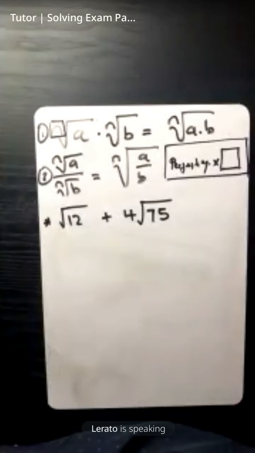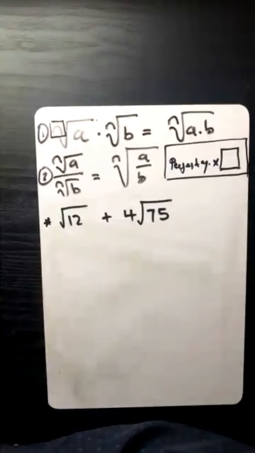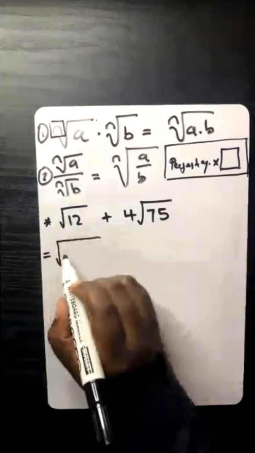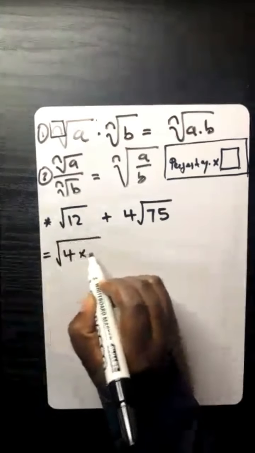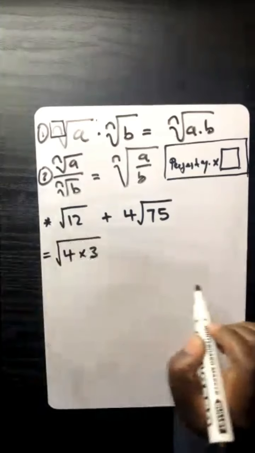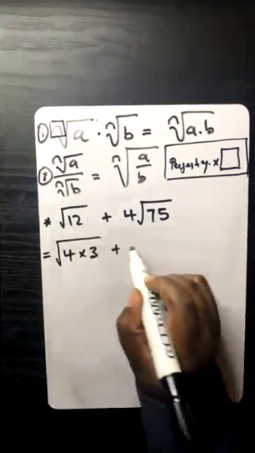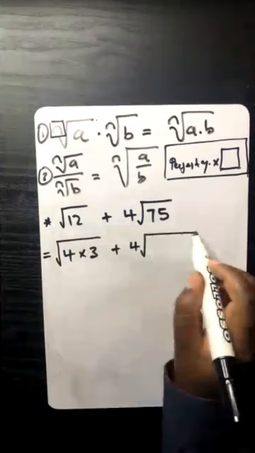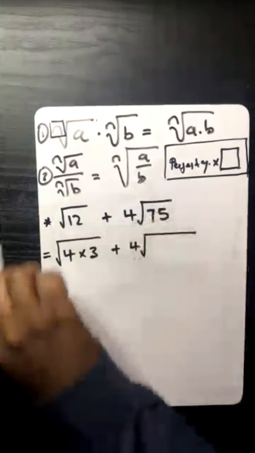So for square root of 12, we will have square root of 4 times 3. 100%. So that means we've got square root of 4 multiplied by 3, plus, obviously there we've got 7 square root of... what about 75?